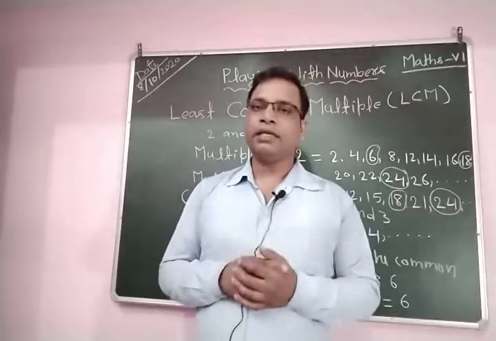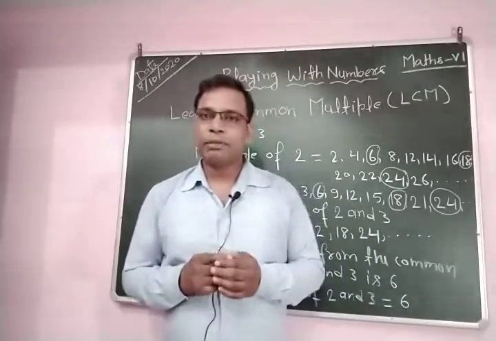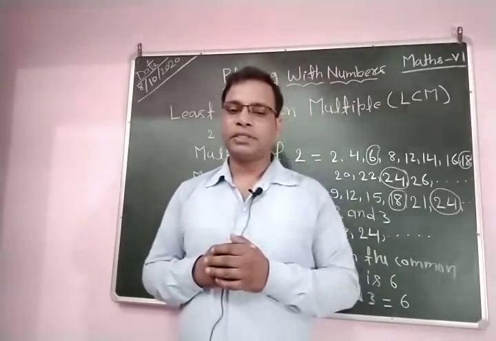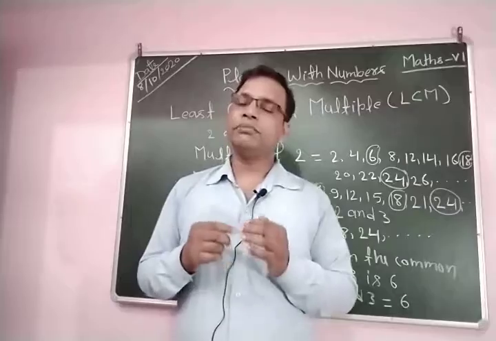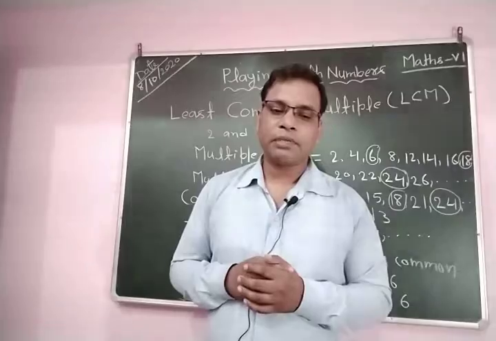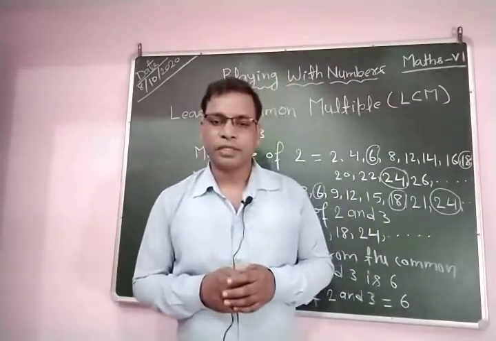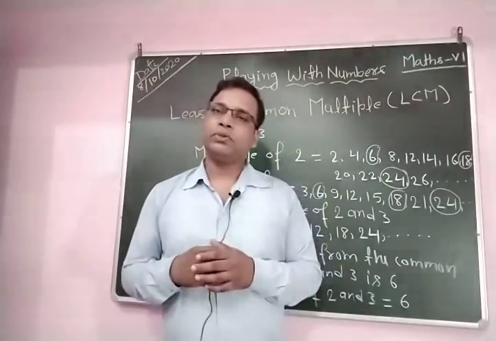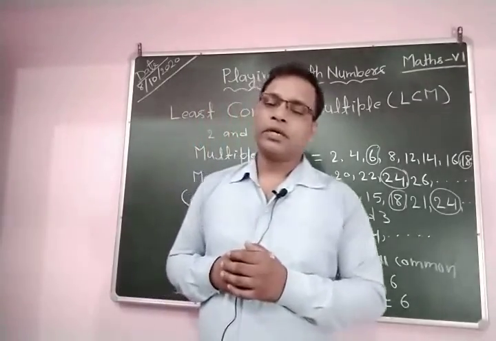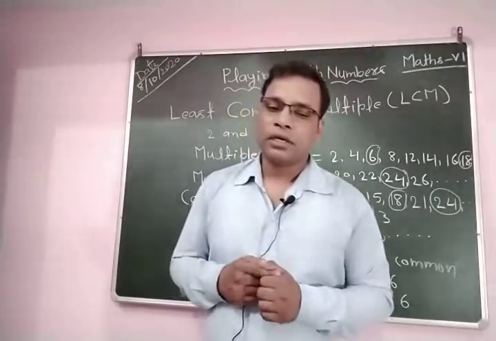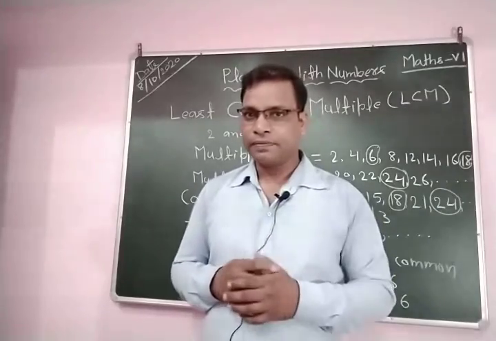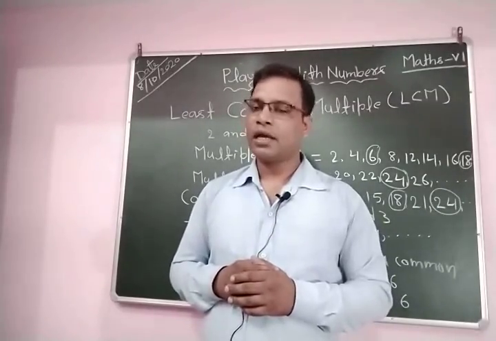The LCM of two natural numbers is the smallest natural number which is a multiple of both numbers, or you can say the smallest natural number which is divisible by both numbers.